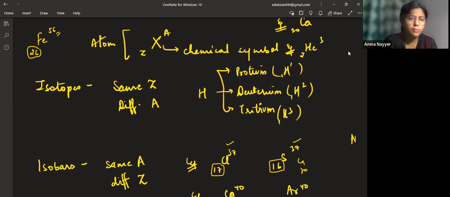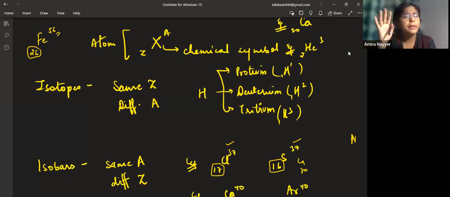For example, all the isotopes of hydrogen: protium, deuterium, tritium. The mass numbers are different, 1, 2, and 3, but the atomic number is the same, that is 1, right?